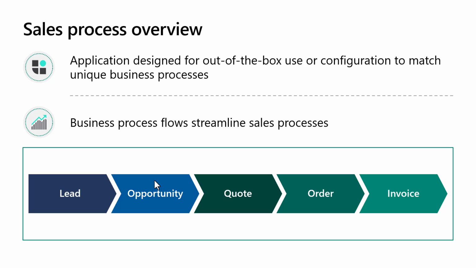Now quote has its own thing, that is, it has a template, it has an auto number, it has a revision ID, etc. Once the quote has been created, we qualify this quote so as to create an order, which is handled by another different team most of the time, and at times the sales team. Usually the sales team is responsible till quote, and the moment an order is created, the other team who is responsible for product inventory management comes into the picture and they start fulfilling this order.